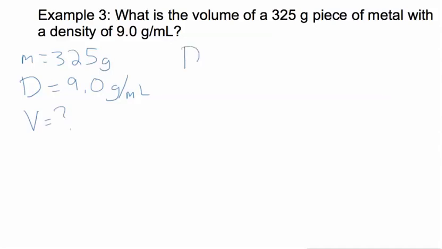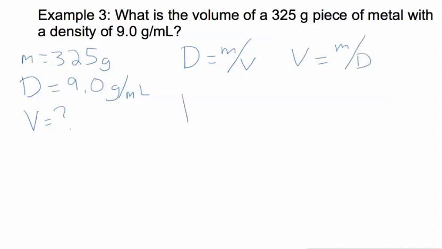We know our equation is density equals mass over volume, and I make it a habit to always write that equation because it helps me learn it. And you can either tell by doing the algebra, most people would do a cross multiplication here, or by using that magic triangle. You should be able to see that volume equals mass over density.